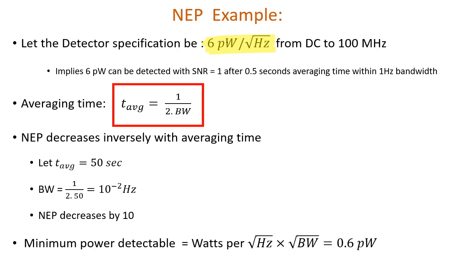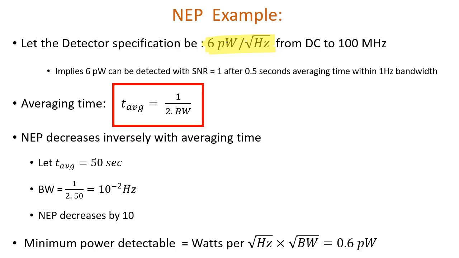Why the half a second? Because the averaging time T average is equal to 1 divided by 2 times the bandwidth. Because I have written here my bandwidth is 1 hertz, my T average tells me the averaging time. If you have about half a second, in that case, you will detect this 6 picowatt with signal to noise ratio 1.